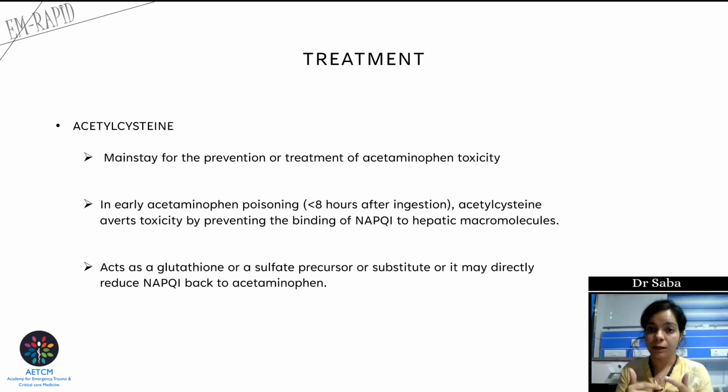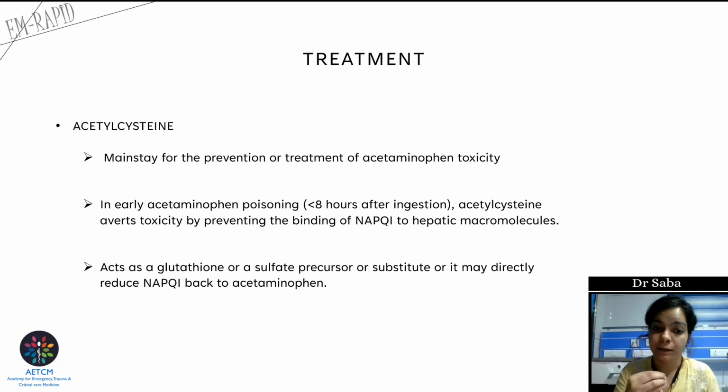When we were understanding the whole metabolism, or how paracetamol overdose causes hepatotoxicity, we read that it will saturate the sulfonation and glucuronidation processes, and it will deplete the glutathione reserves in the liver, which is why the NAPQI now gets bound to hepatic macromolecules, which will cause hepatic injury, correct?